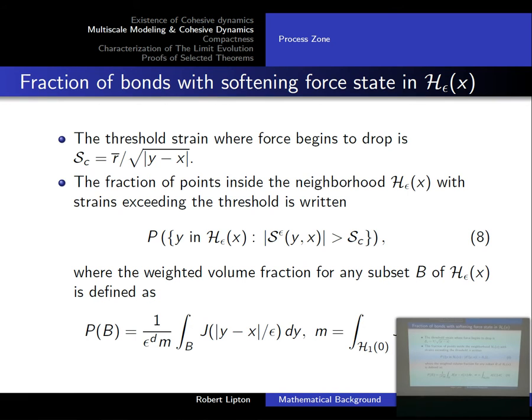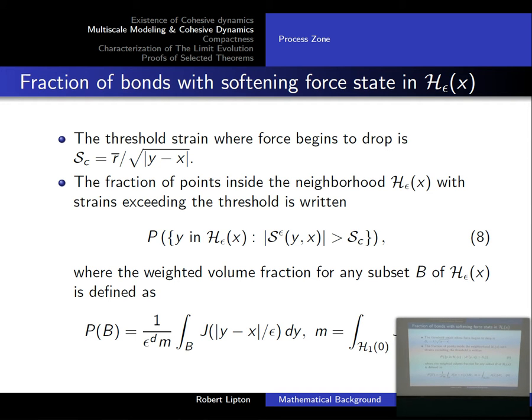Okay, so the threshold strain, where the force begins to drop again, we will denote by SC. That will be R overline, which is related to the inflection point of the potential, divided by y minus x. And I'll be more precise about what R bar is. The fraction of points inside the neighborhood with strains exceeding the threshold is written this way.